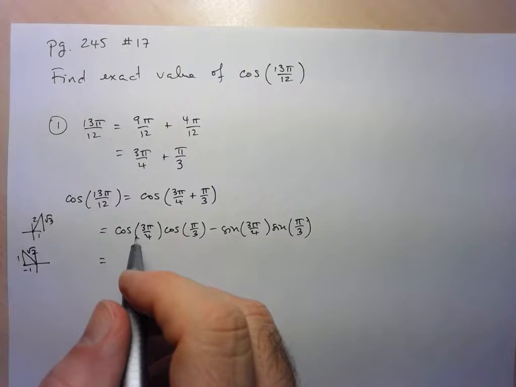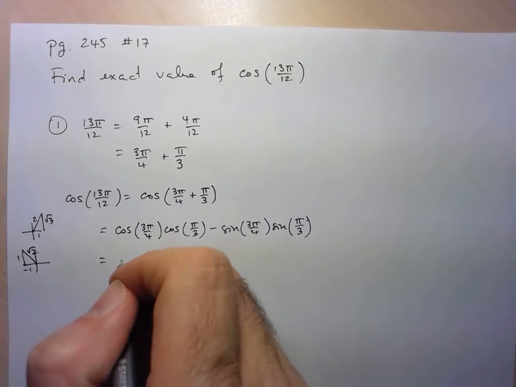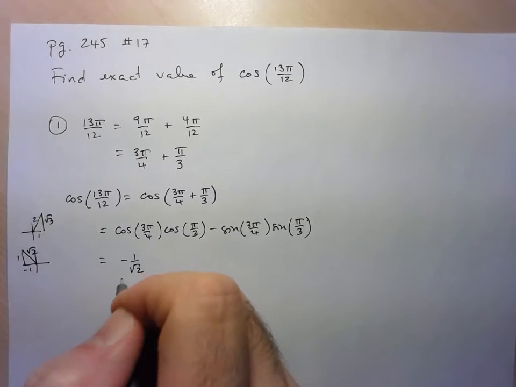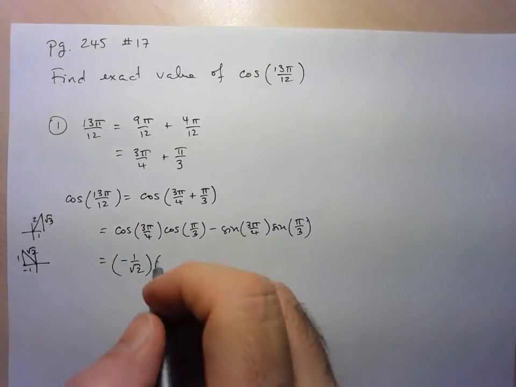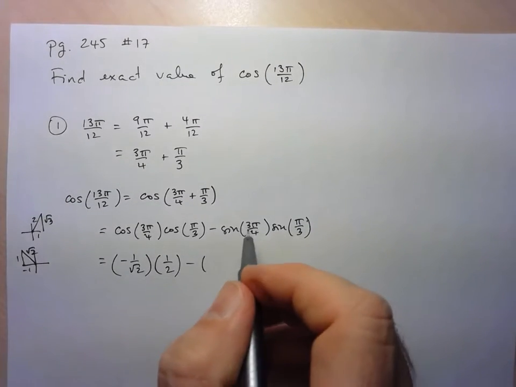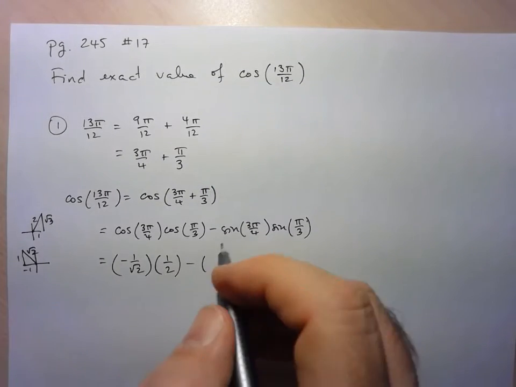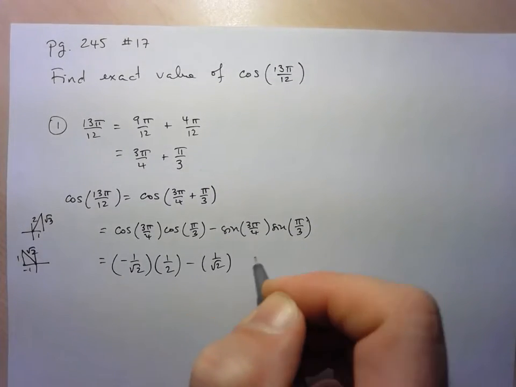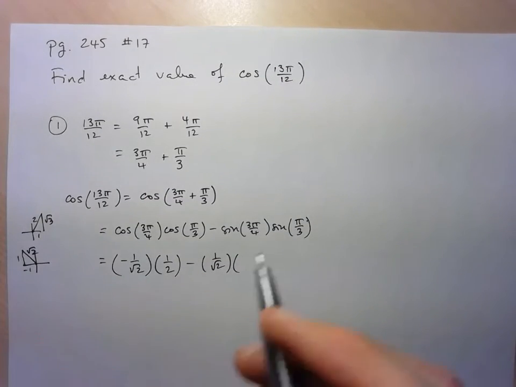Cos of 3 pi over 4 is x over r, so negative 1 over root 2. Cos of pi over 3 is 1/2. Then minus, and sine of 3 pi over 4 is y over r, so 1 over root 2. And sine of pi over 3 is again y over r, so root 3 over 2.